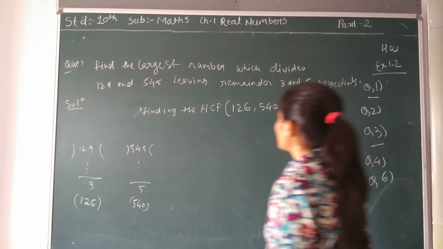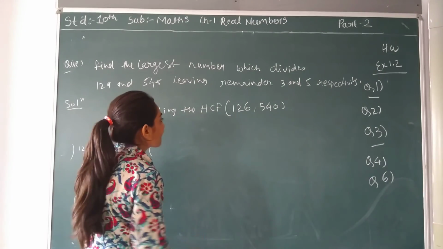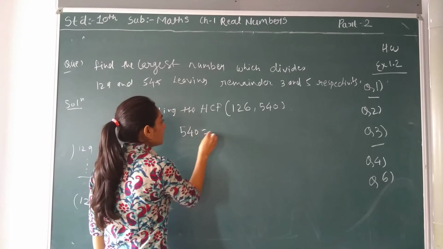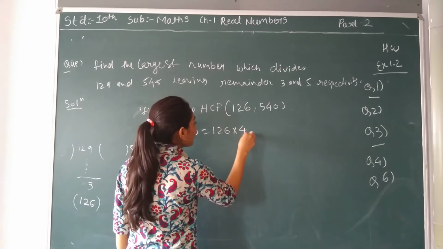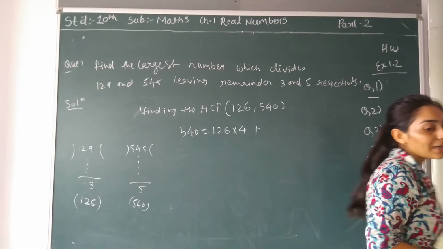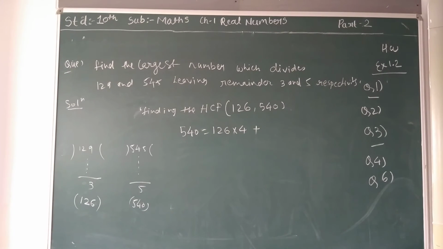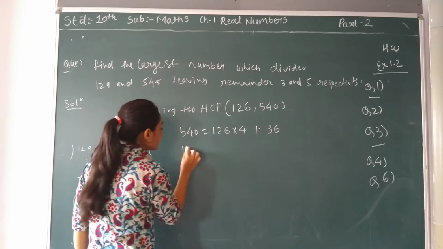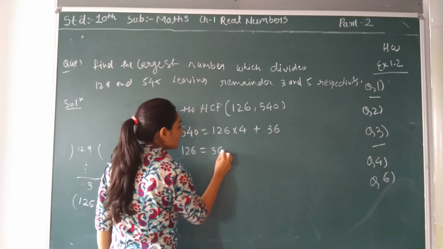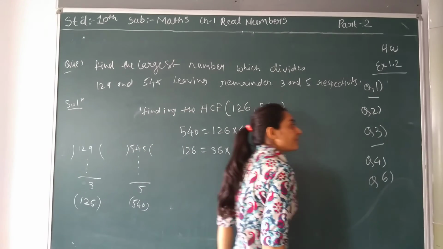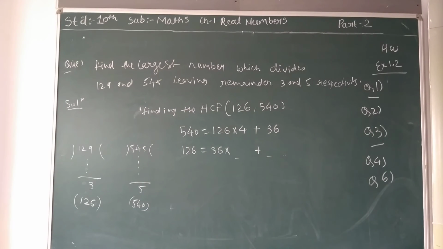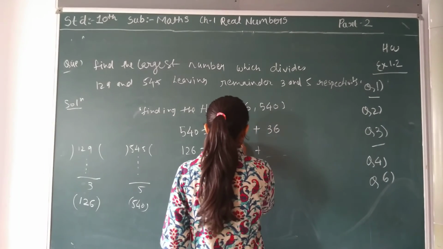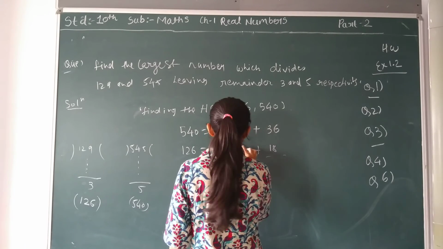Using the long division method: 540 divided by 126, multiply with 4, and what is left as remainder is 36. Now again take 126 and 36, multiply, and what is left as remainder is 18.